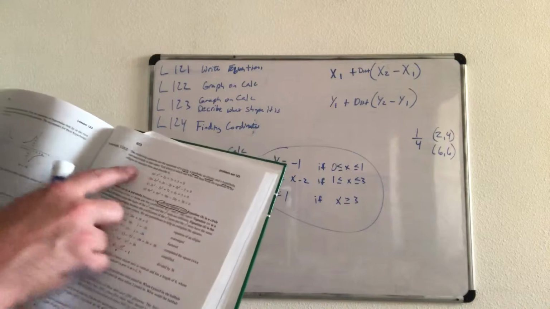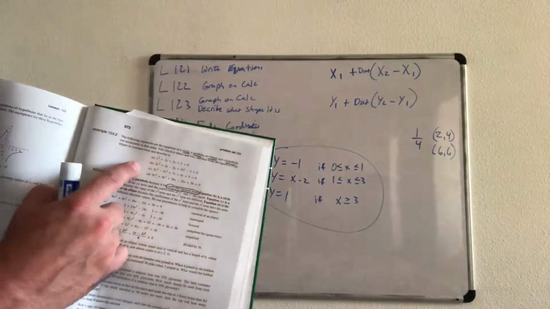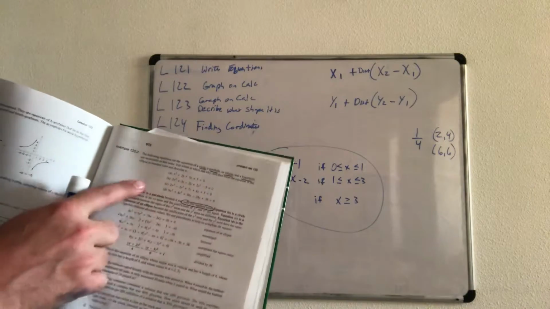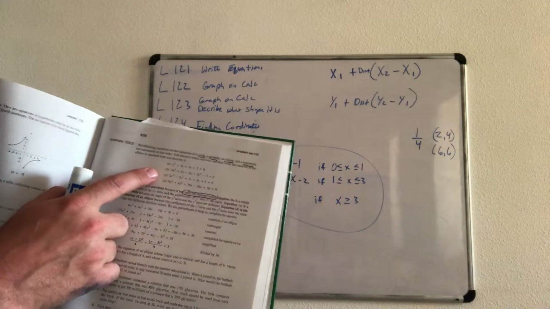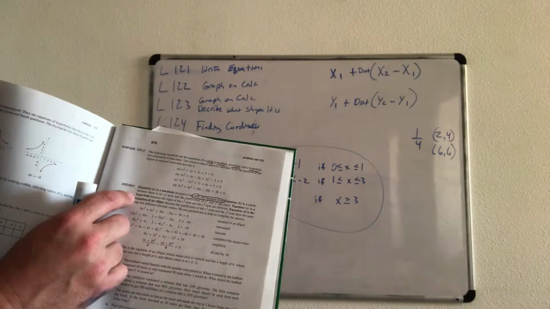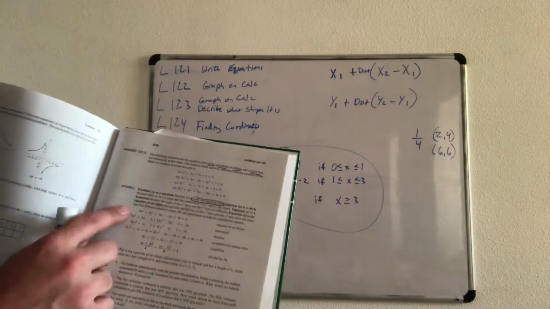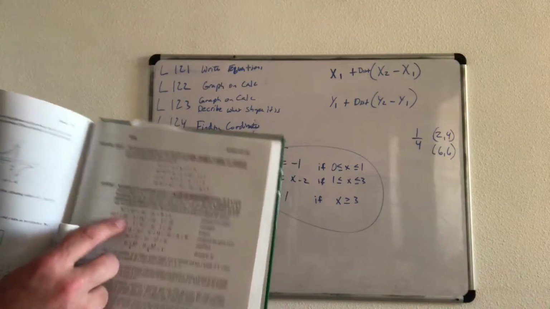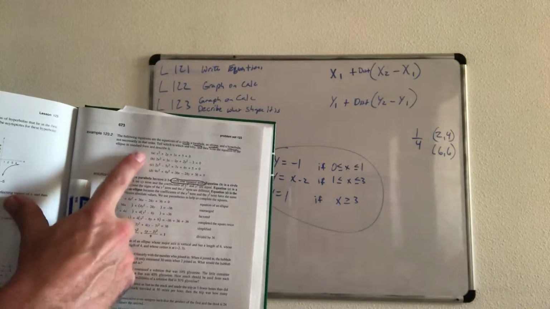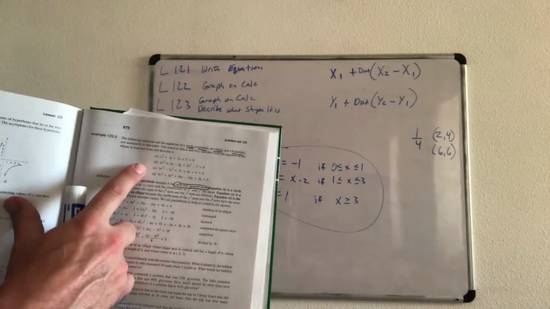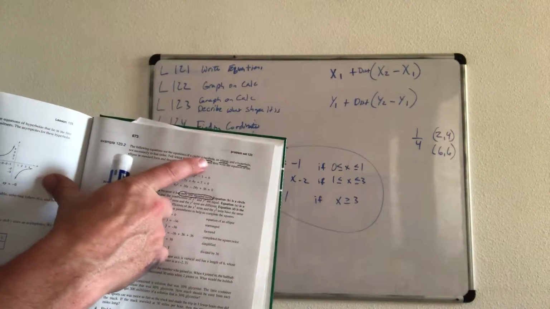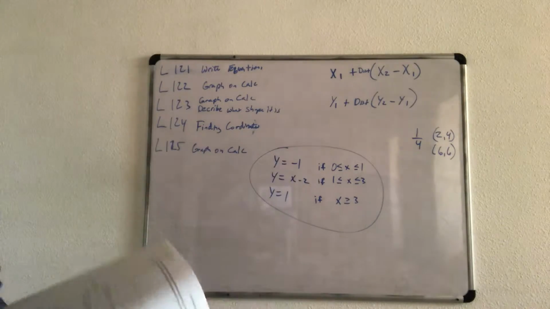It says the following equations, and it's got A, B, C, and D. They are a circle, parabola, ellipse, and hyperbola, and they want you to identify which is which and tell why. You read this little paragraph right here on the lesson. It will describe why each one is what it is, which you guys have learned already during the year, and it's just making sure that when you see the equation you know what is what. So it's just simply describing what a circle, parabola, ellipse, and hyperbola are.